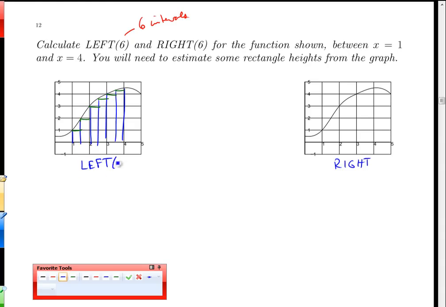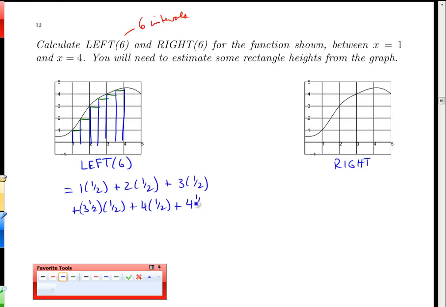So the left sum with 6 subintervals here over the interval from 1 to 4 would be basically a height of 1 times a half, plus a height of 2 times a half width, plus a height of 3 times a half, plus a height of, looks like 3.5 times a half, plus a height of 4 times a half, plus a height of, there it gets a bit dodgy, let's say 4.25 times a half.